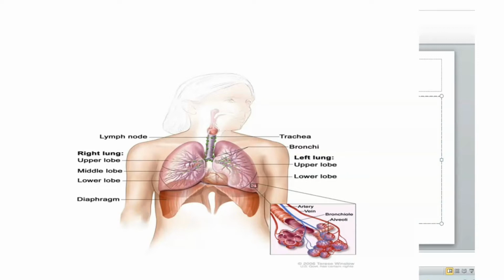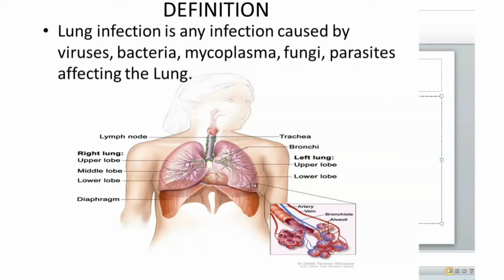You can see the definition of the lung. Lung infection is any infection caused by viruses, bacteria, mycoplasma, fungi, or parasites, all affecting the lungs. And the problem caused is very well known, because there is always that serious sickness.